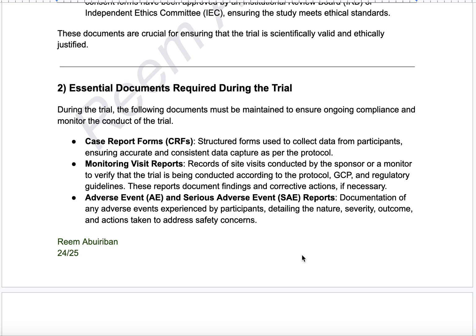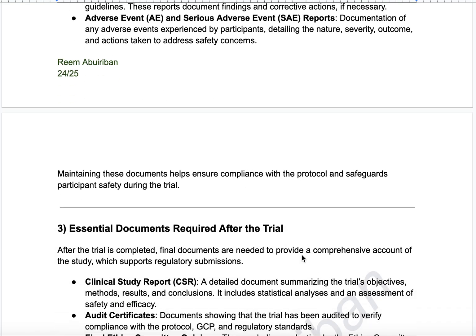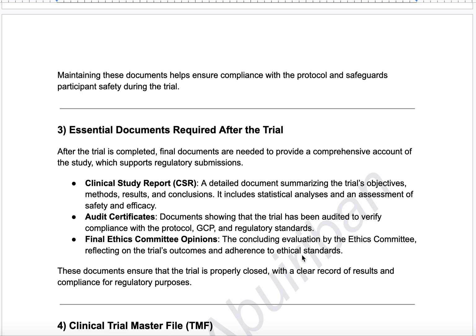These reports document findings and corrective actions if necessary. Adverse events and serious adverse events reports, documentation of any adverse events experienced by participants, detailing the nature, severity, outcome, and action taken to address the safety concerns. Maintaining these documents helps ensure compliance with the protocol and safeguards participant safety during the trial.